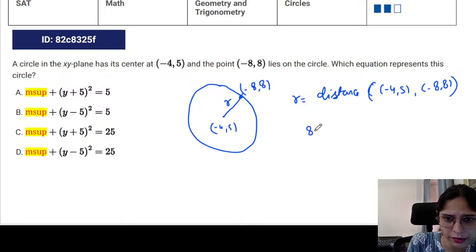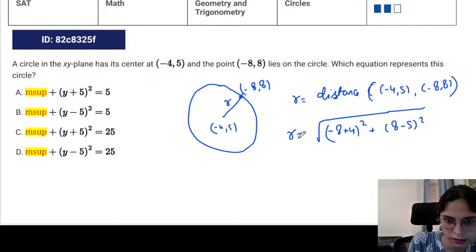Or you can also do (−8 + 4)² + (8 − 5)², square root of that. This is 4² + 3². So the radius is going to be 5.